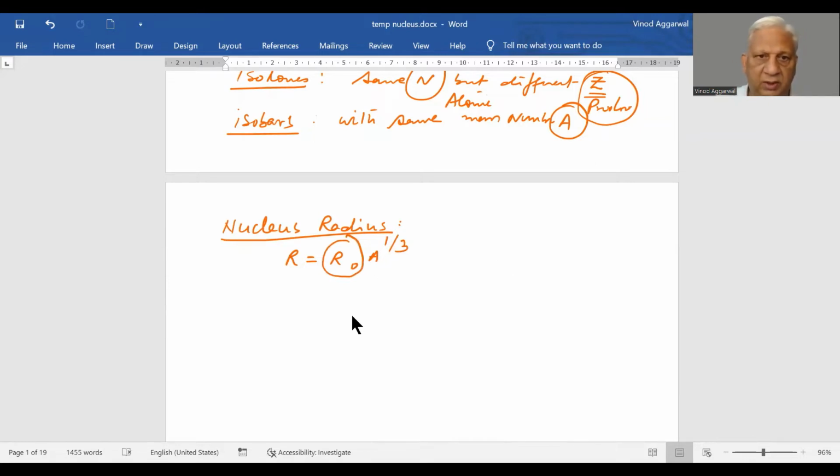A is nothing but atomic mass number, which is a sum of protons and neutrons.